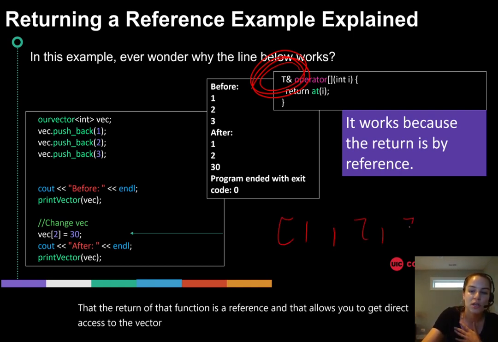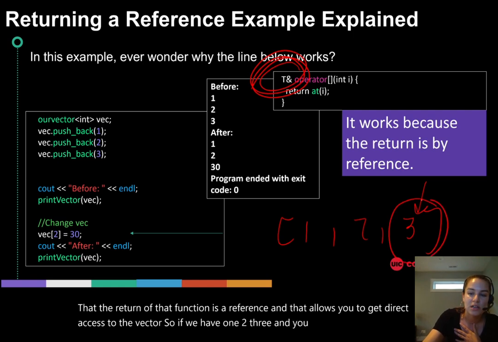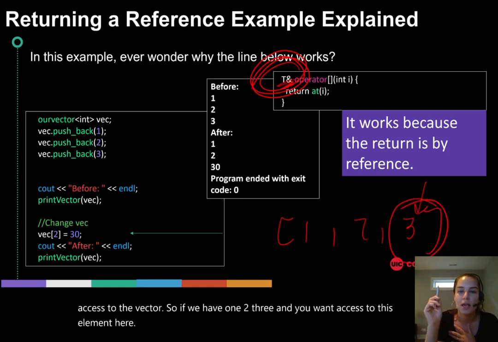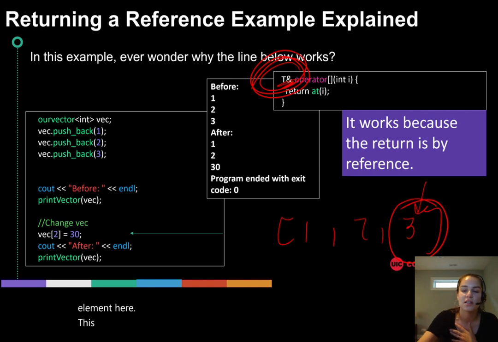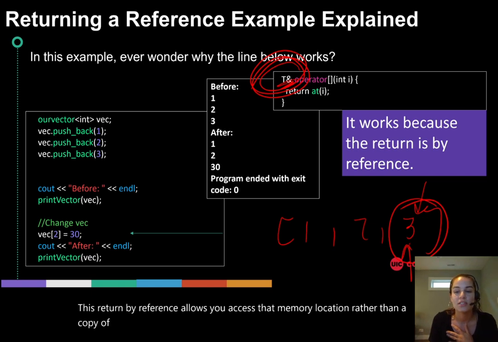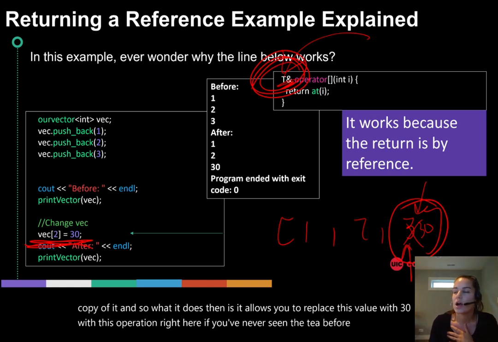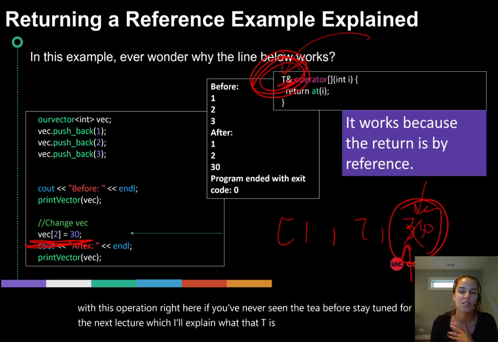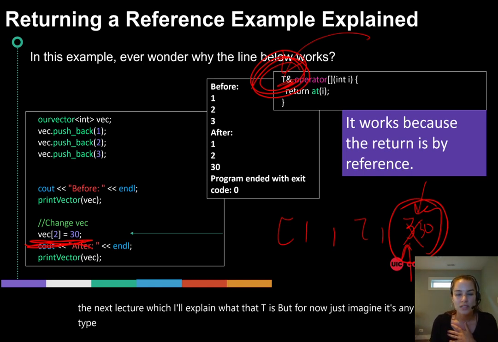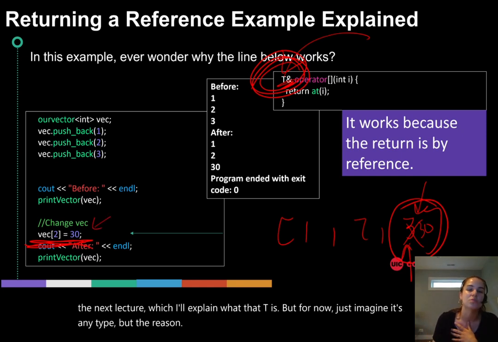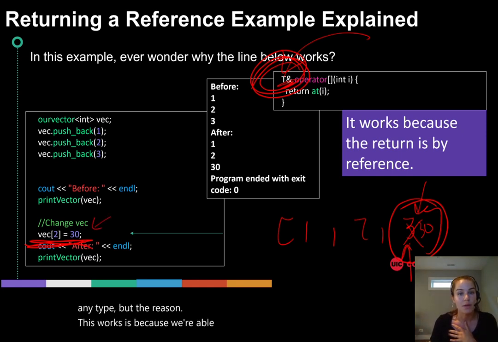So if we have 1, 2, 3, and you want access to this element here, return by reference allows you access to that memory location rather than a copy of it. And so it allows you to replace this value with 30 with this operation right here. If you've never seen the T before, stay tuned for the next lecture, where I'll explain what that T is, but for now just imagine it's any type. The reason this works is because we're able to return by reference.